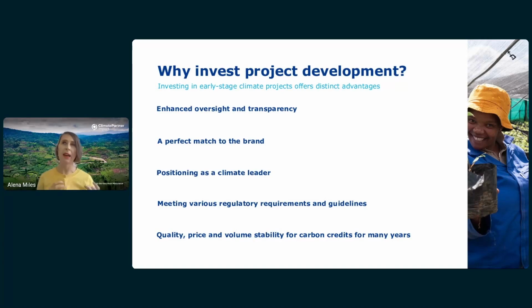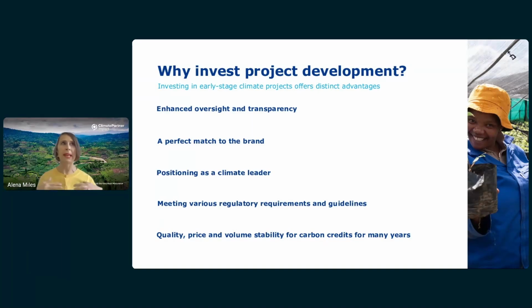You have many compliance markets in different countries, such as South Africa, Singapore, Korea, Colombia, which are actually allowing some projects from the voluntary carbon markets to count towards those carbon tax liabilities.